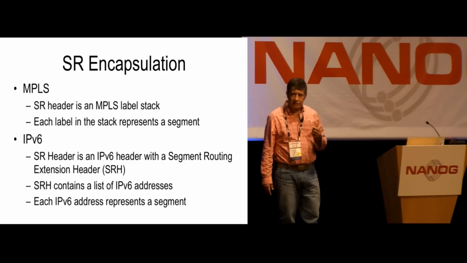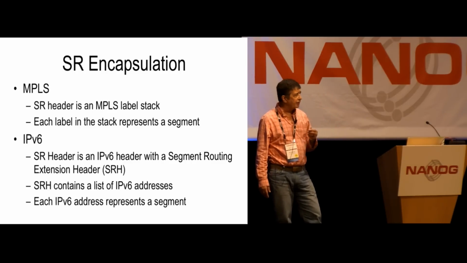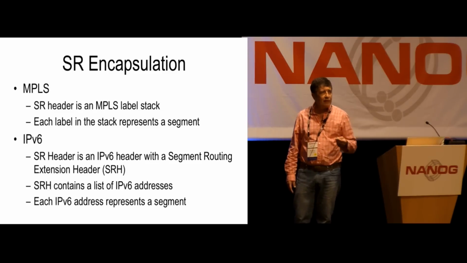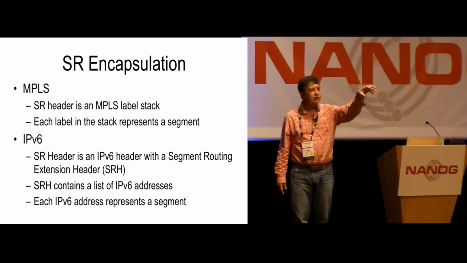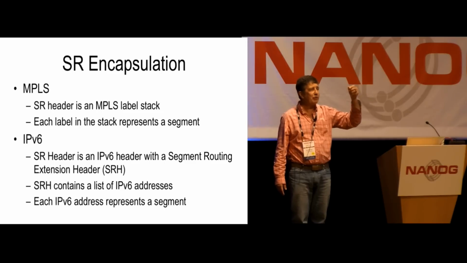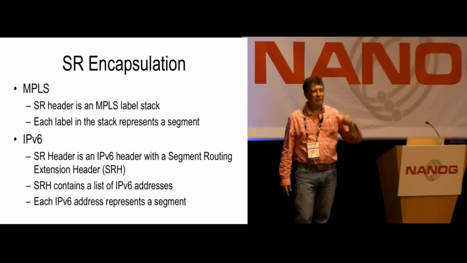In the MPLS encapsulation, the SR path is represented by an MPLS label stack. And each entry in the label stack represents a segment in the SR path. Now, this is a strategy that you've seen before. I remember I've seen a few hands going up when we talked about loose source routing. Raise your hand if you remember loose source routing in IPv4.